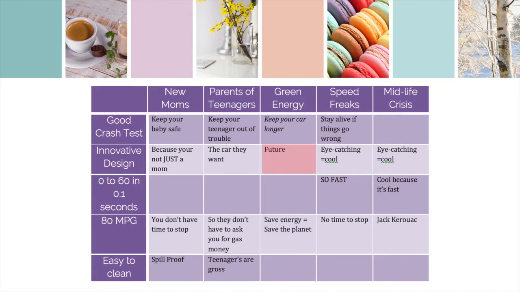Whenever I see a target that I can't reach with many of my hooks, I usually take a step back and think, maybe this group isn't my target audience for this product. This is one of the things I really love about the target table. When I first started making this table, I was pretty confident that this audience would be interested in my product.